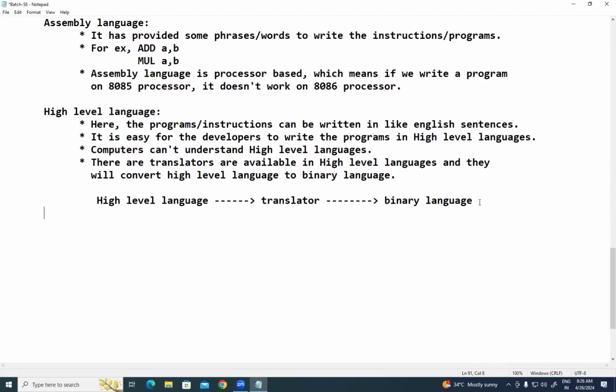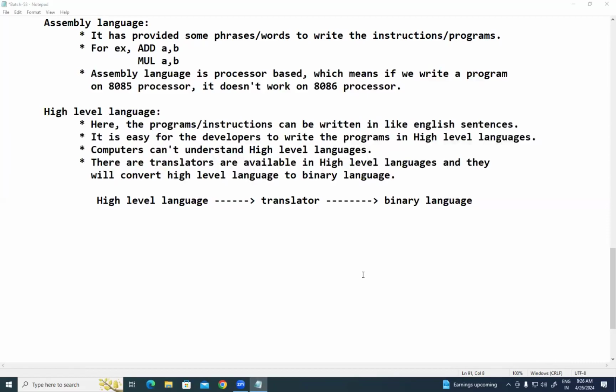The machine understands only high level language. See, we don't have any exact answer. Actually, we don't have translators available which can convert the code from Hindi.